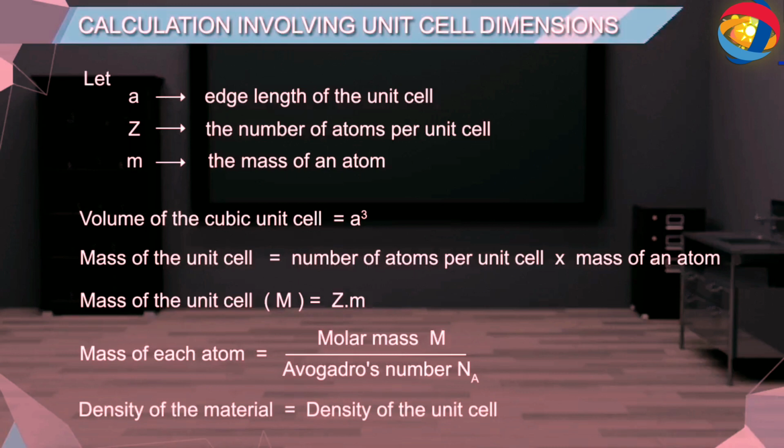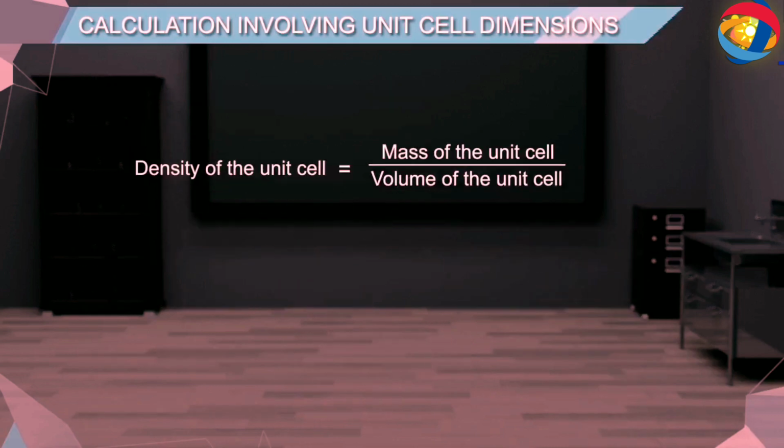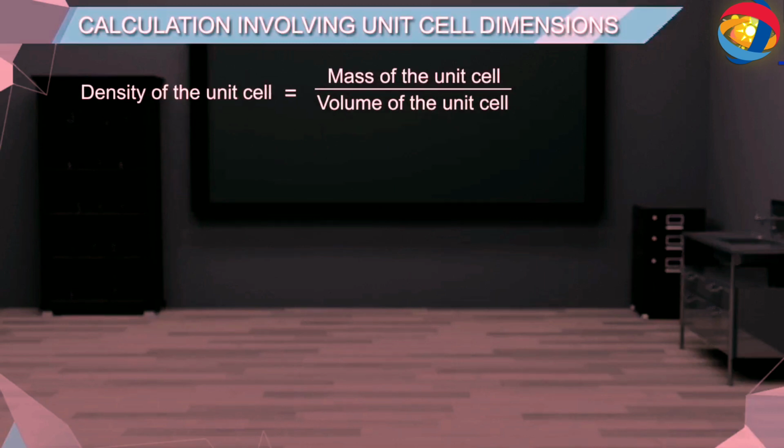Since the density of the material is equal to the density of the unit cell, the density of the unit cell is equal to the mass of the unit cell by the volume of the unit cell. Density of the unit cell is equal to Zm by a cube.